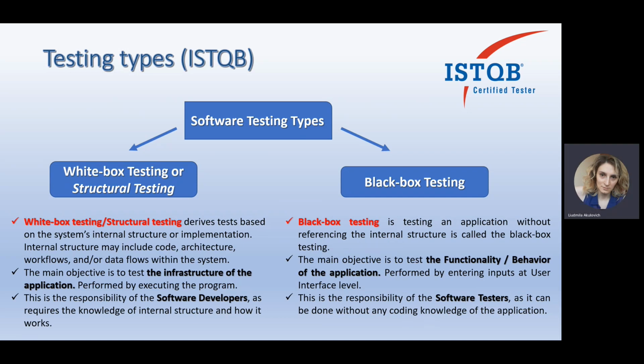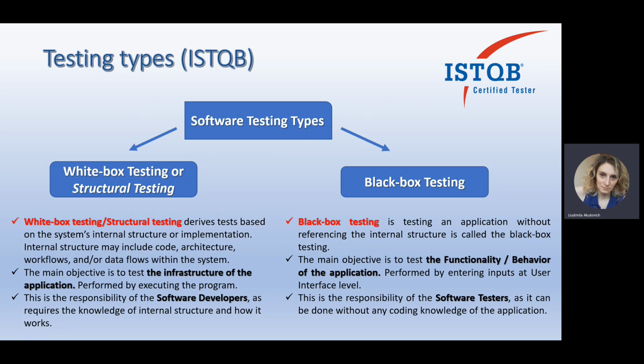One more important division is the division into white box testing or structural testing and black box testing. I'd like you to pay attention to the fact that in some sources and in the test for this certification, structural testing is just a term synonymous with white box testing. One more time, white box testing or structural testing is based on the system's internal structure, on the knowledge of and access to the code.